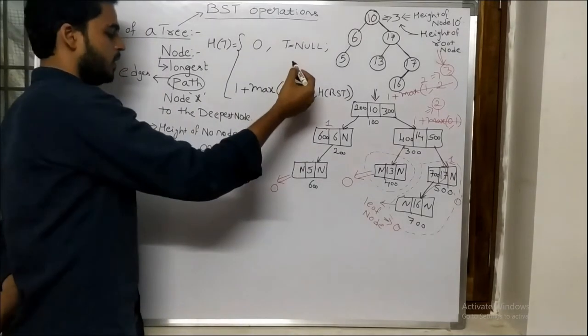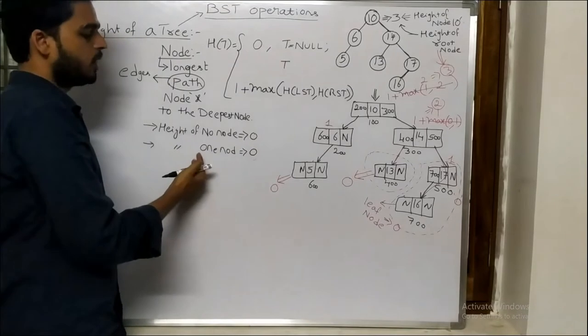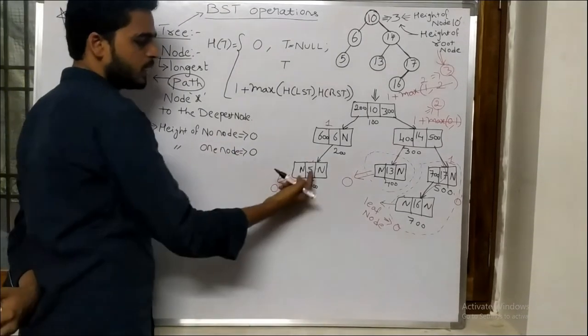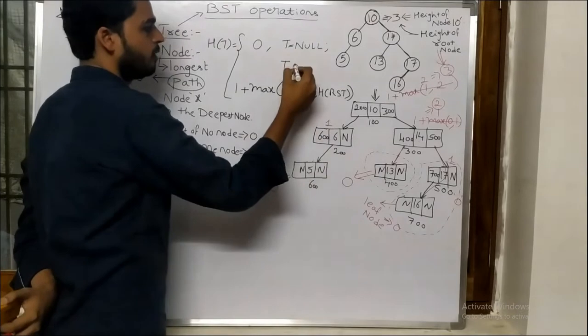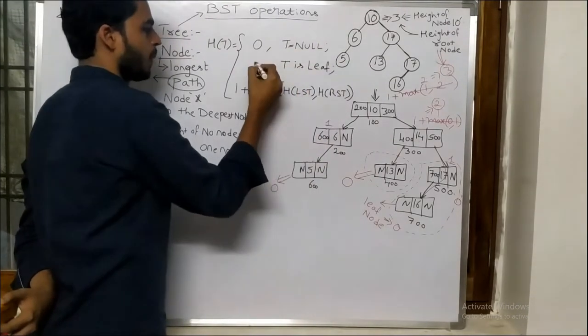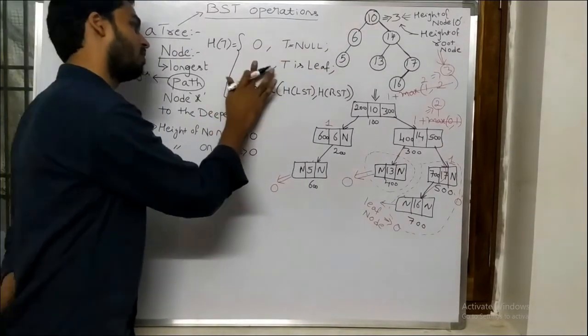Or if it is one node, I can call it a leaf node. If t is a leaf node, I can also call it height 0.